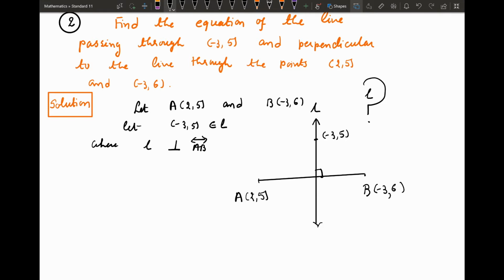So find the equation of line L, the required line which passes through (-3, 5) and is perpendicular to the line joining A and B.